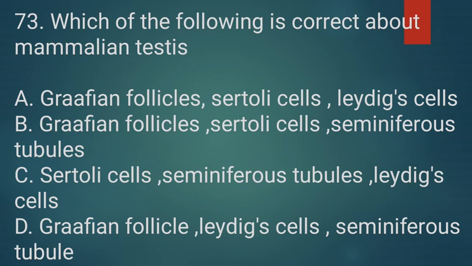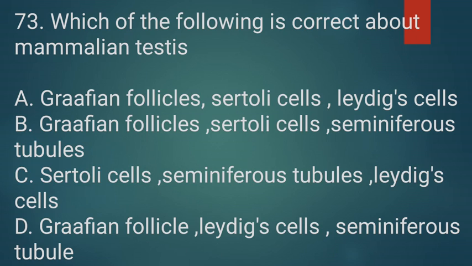Next question. Question number 73. Which of the following is correct about mammalian testes? Options are option A, Graafian follicles, Sertoli cells, Leydig cells.